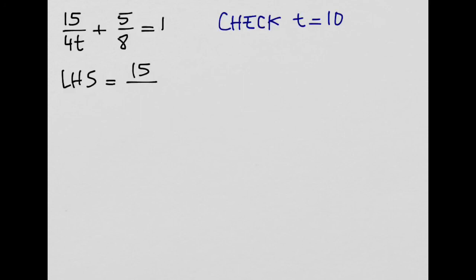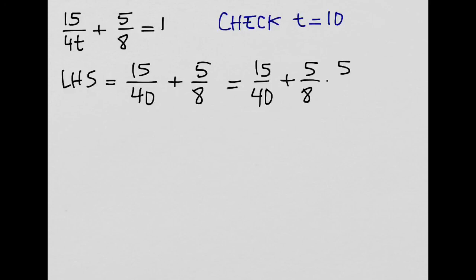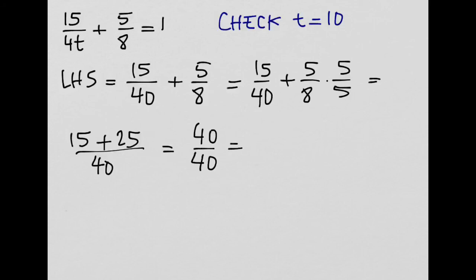15 over 4 times 10, which is 40, plus 5 over 8. That's 15 over 40 plus 5 over 8 times 5 over 5, which is equal to 15 plus 25 over 40, which is 40 over 40, equals 1, equals the right-hand side of the equation.